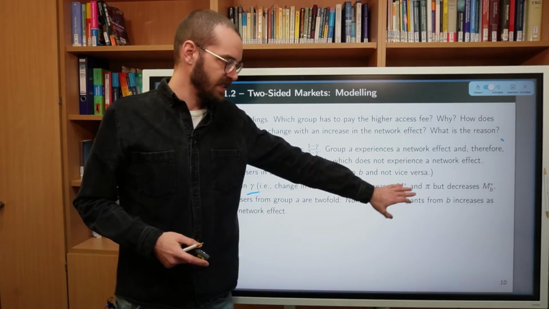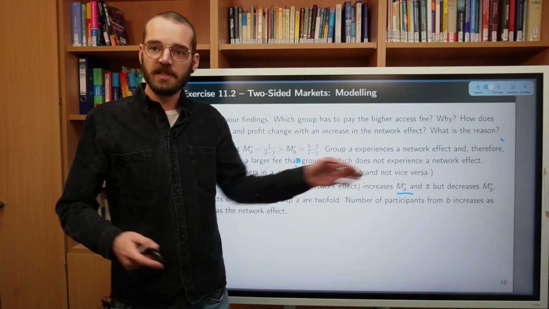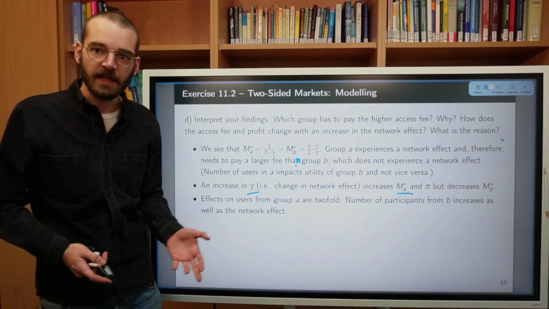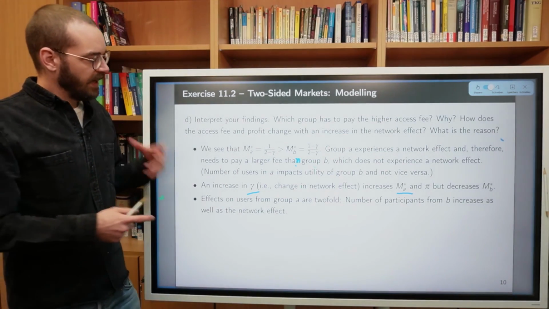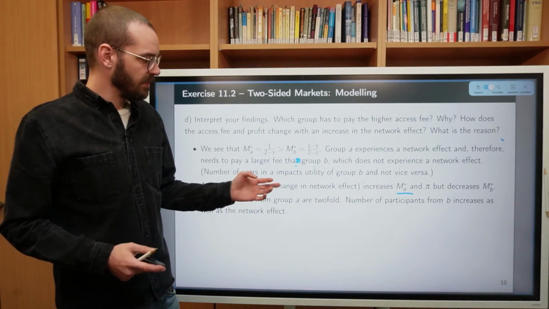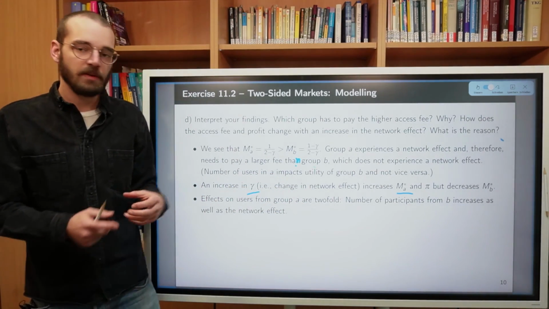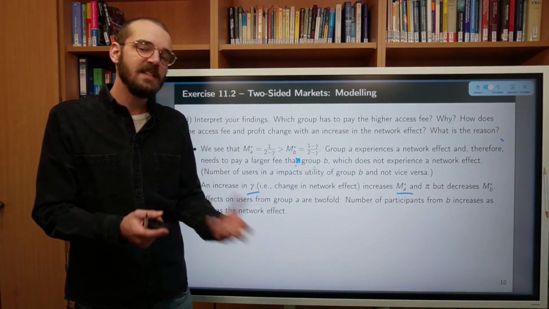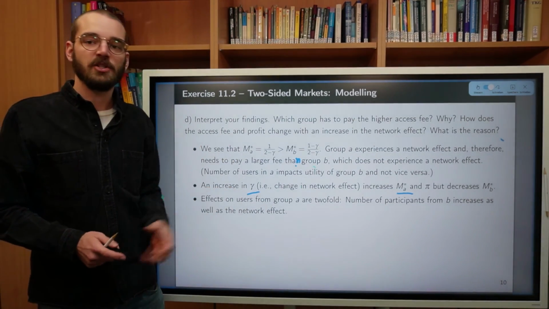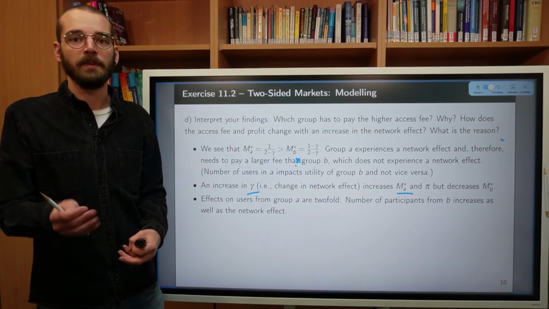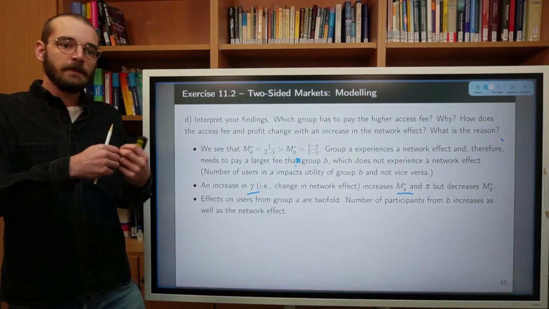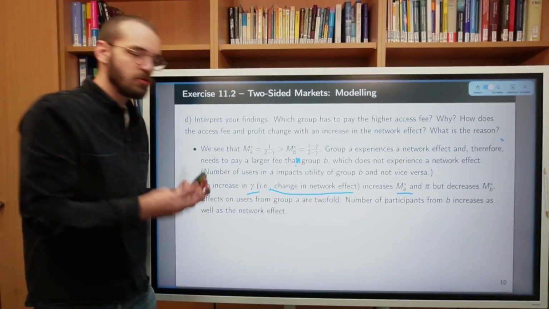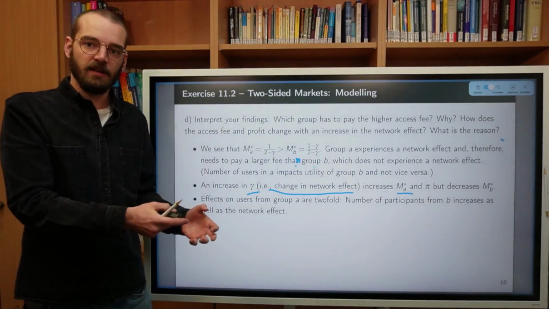And this, of course, is endogenous to the model because the platform operator is choosing MA and MB profit maximizing, right? So through an increase in this network effect, we will observe that the platform operator will, in order to maximize profits, actually decrease the participation fee they are asking from group B, simply because group B has an even stronger network effect on group A now.